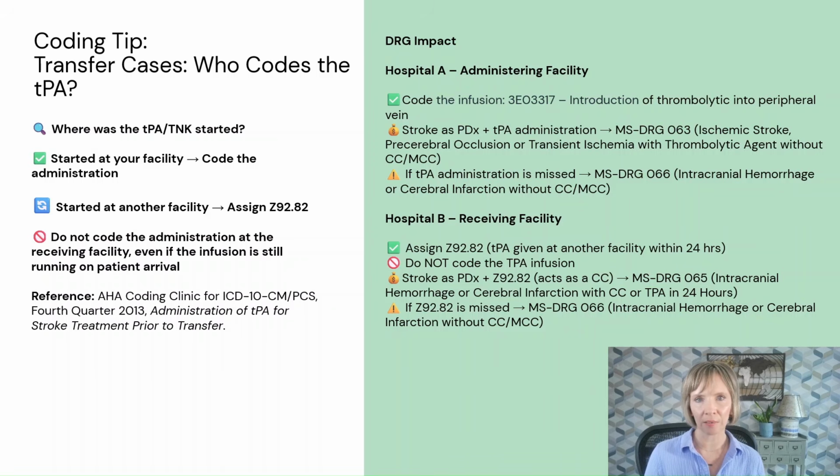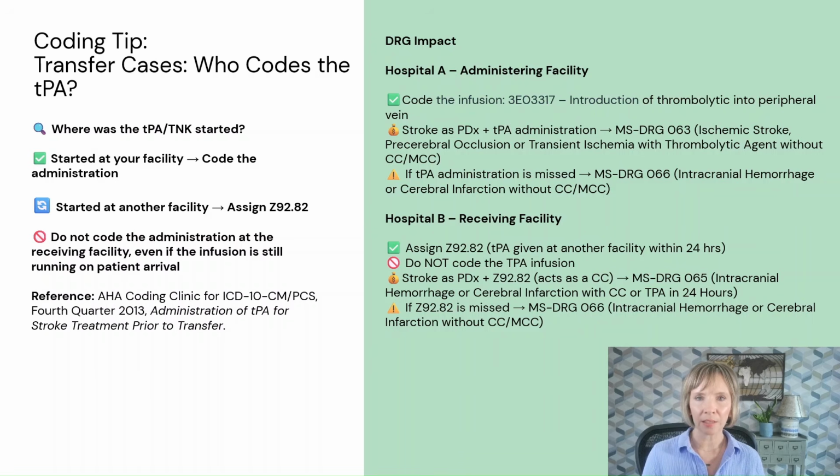Instead, the receiving facility assigns Z92.82, status post administration of tPA in a different facility within the last 24 hours prior to admission. This guidance comes from Coding Clinic, and it applies even when the infusion is still running during transport or upon arrival at the receiving facility.